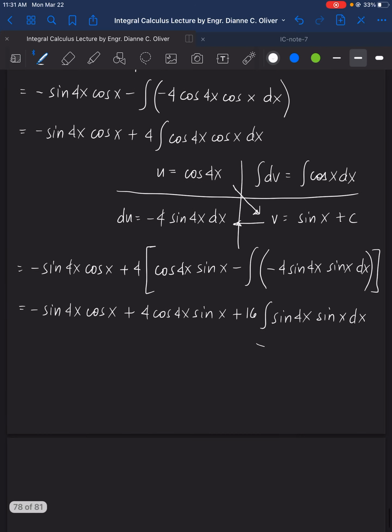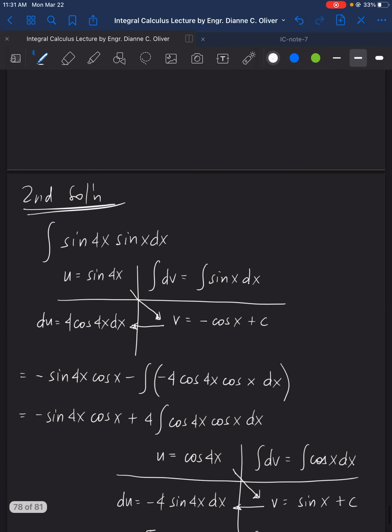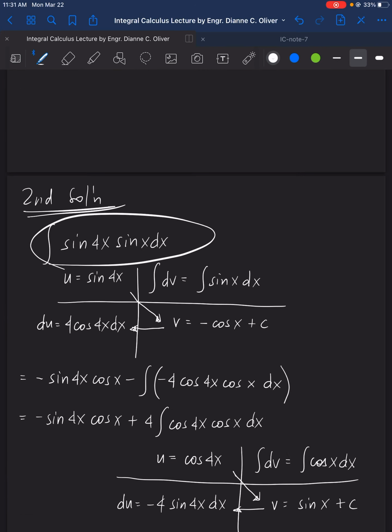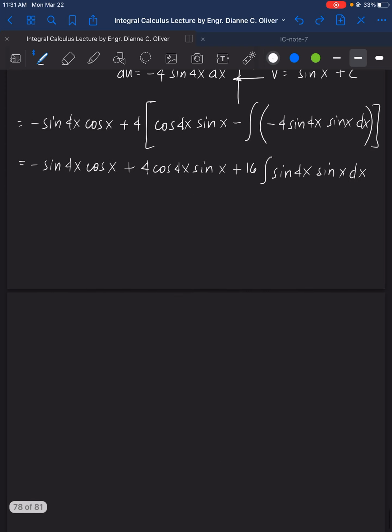Again, notice that this here is from the original equation. So, let's insert the original equation.